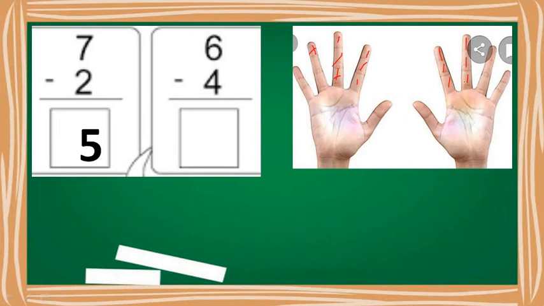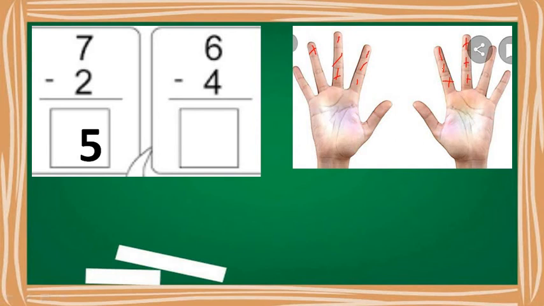Now, what should we do? You all know very well. Would you like to do it by yourself? Let me help you. Start counting with me. 1, 2, 3, 4. Now see how many fingertips are remaining there.